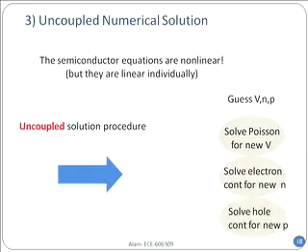So the general way that you start solving it is you focus on the right hand side of the column of information. You start by guessing a potential V, n, and p at every node point. You solve the Poisson equation assuming electron and hole concentrations are kept fixed.